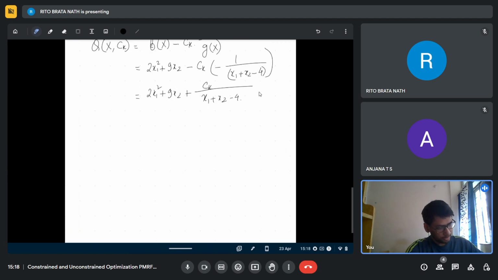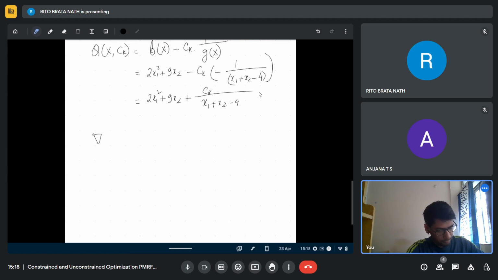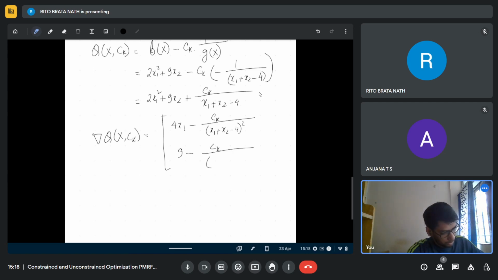You can take the gradient of this function. So let me take that. The first term is 4x1, and for the second term, what you have is minus ck over x1 plus x2 minus 4 whole square, and x1, that will be 1 itself. Next one is 9, and it will be a similar term, exactly the same term that we have here.